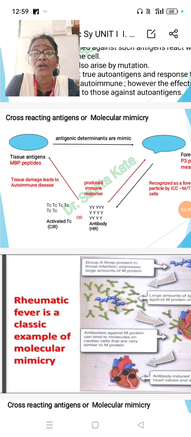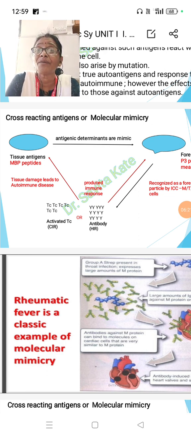Myelin basic proteins are not hidden and sequestered, they are not the altered form of self antigen, but the P3 protein of influenza and myelin basic protein share the same epitope, and that's why whatever immune response is formed against the influenza virus starts to eliminate the myelin basic protein, and that's why the demyelination of the myelin sheath is by the autoimmune response, and that's why we refer to this as an autoimmune disorder.